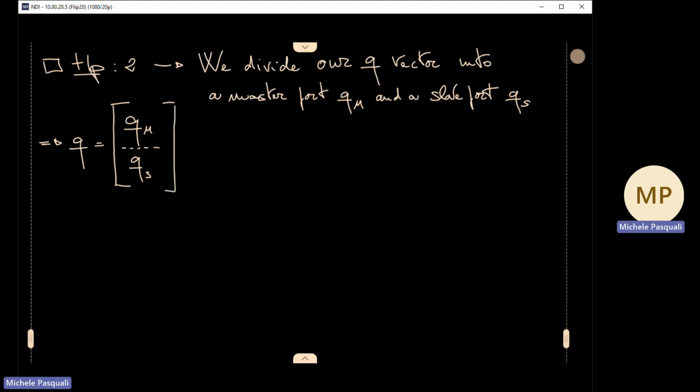And in so doing, when we define and we choose which are the master and which are the slaves, we have to pay attention to one very important aspect: that no external load must be imposed, applied, or acting on the slave nodes.